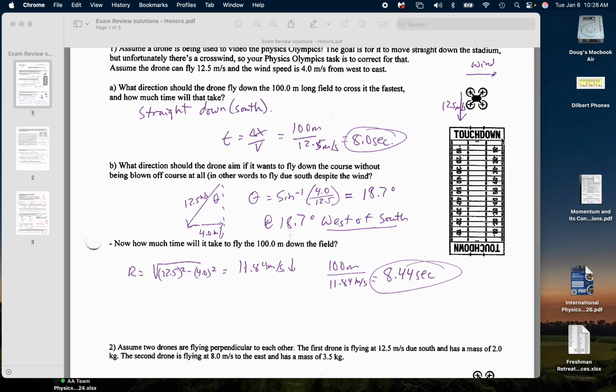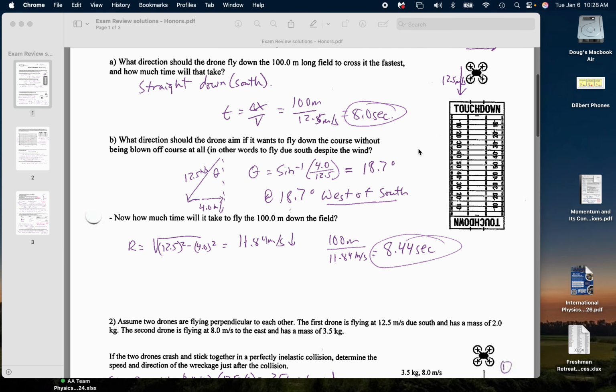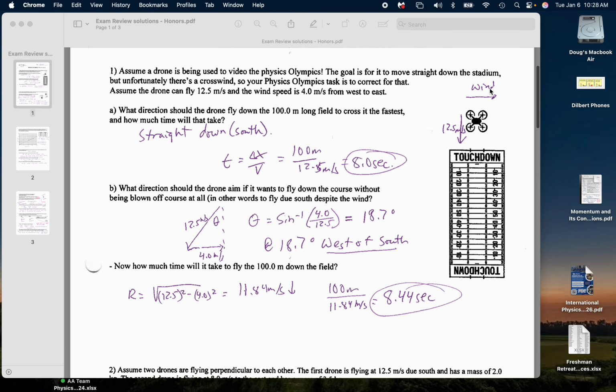Now the next question asks, if you want to end up due south without being blown off course, what direction should you aim? In this case, you need to compensate for the wind. I've drawn a triangle here, a vector diagram. The goal is to go directly south, so the drone has to aim west of south, and the wind goes from west to east.